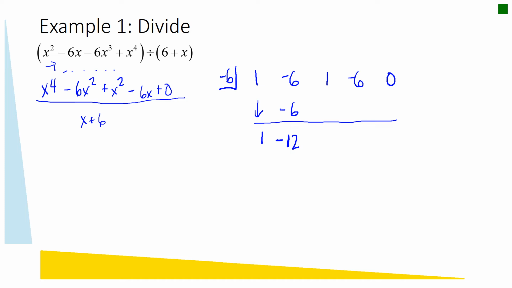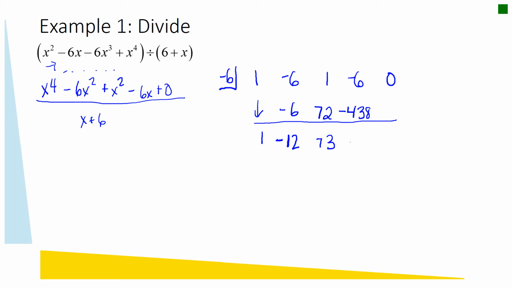Negative 12 times negative 6 is going to give me 72. 72 plus 1 will give me 73. And 73 times negative 6 is negative 438. I add that to negative 6.